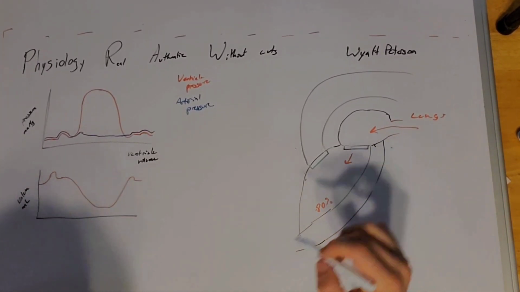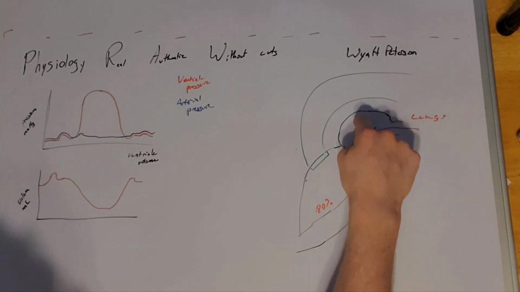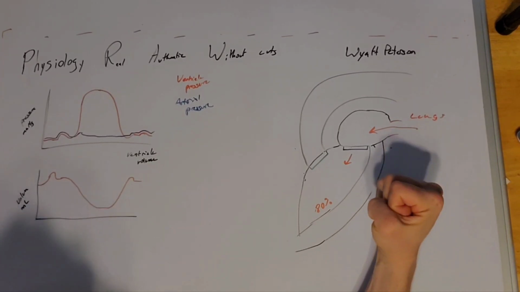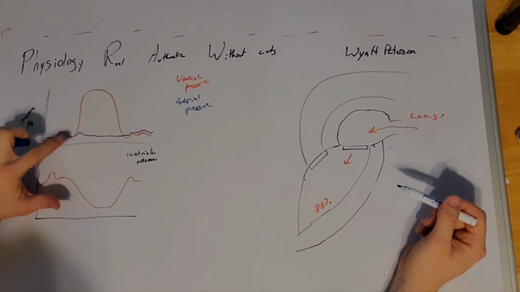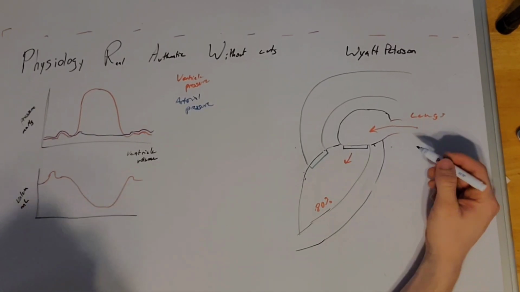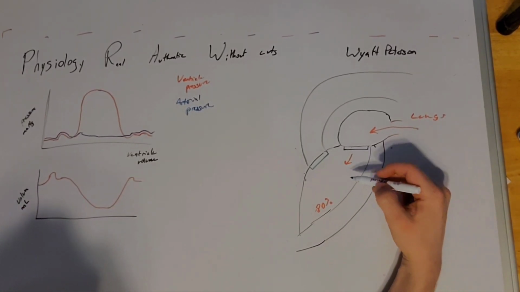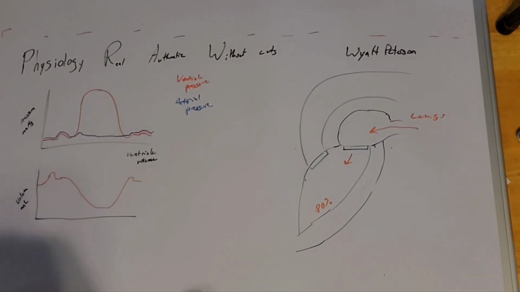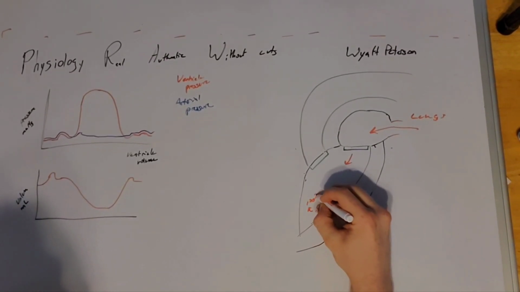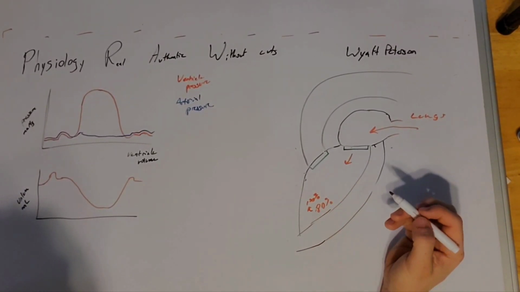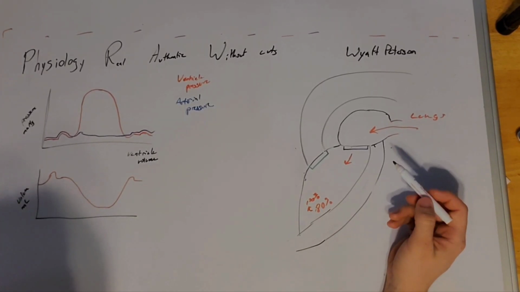Once this hits 80%, just about, the atrium will contract, and that's our little first bump of pressure right here. This contraction brings up the rest, this 80% to the full 100%, right?